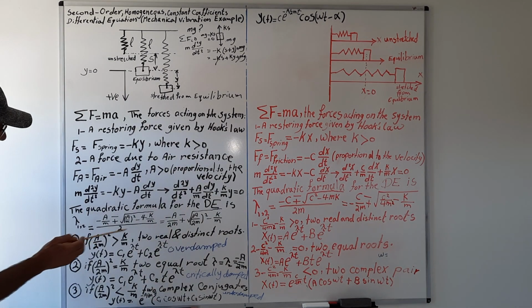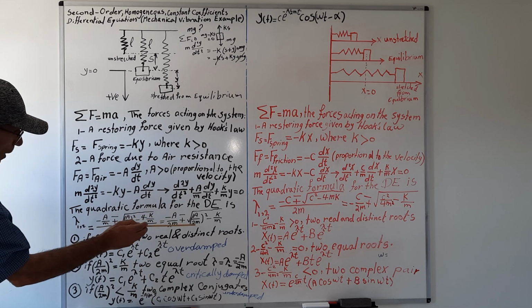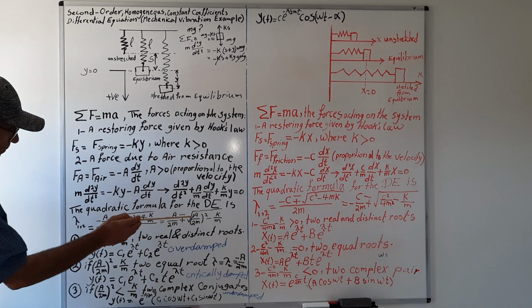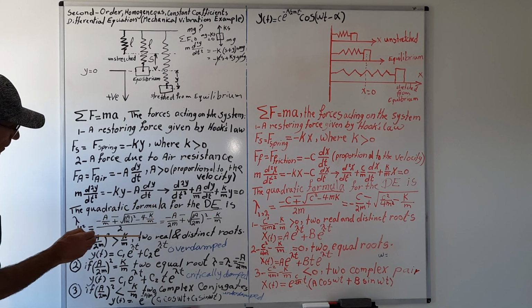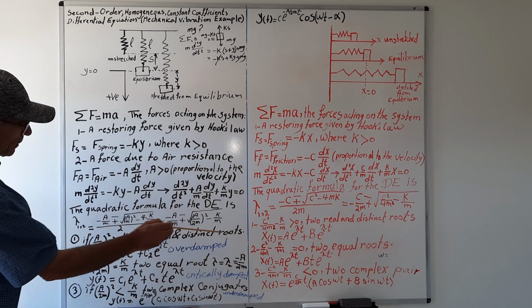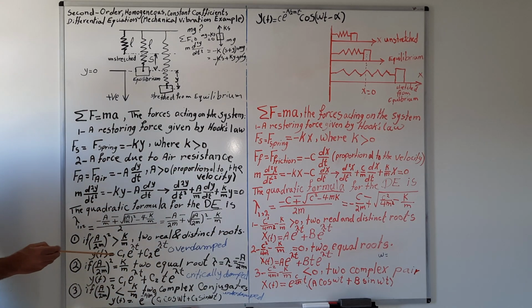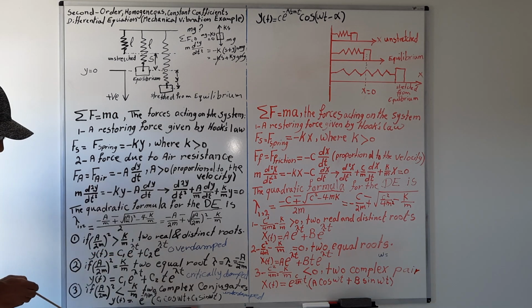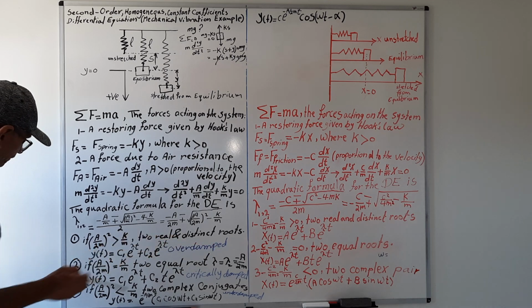If a over 2m, squared of course, is bigger than k over m, we have two real and distinct roots. And the solution is this formula. These are constants, we find them from initial conditions, and we call it over-damped.